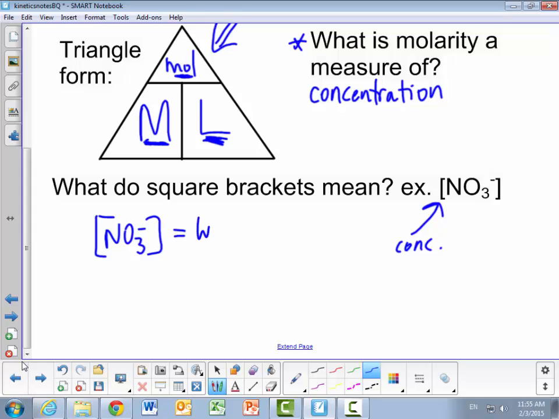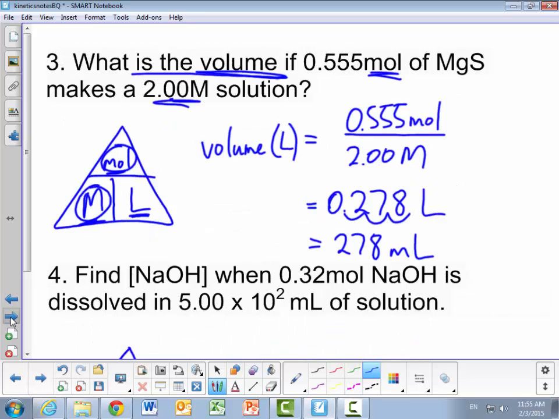Now, the most basic unit for concentration is molarity, so I can also think this is saying the molarity of nitrate. So going back to question 4.